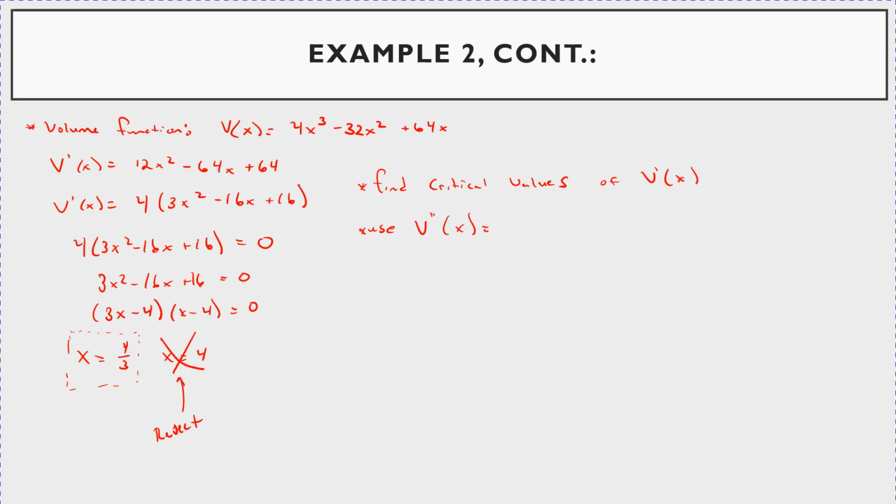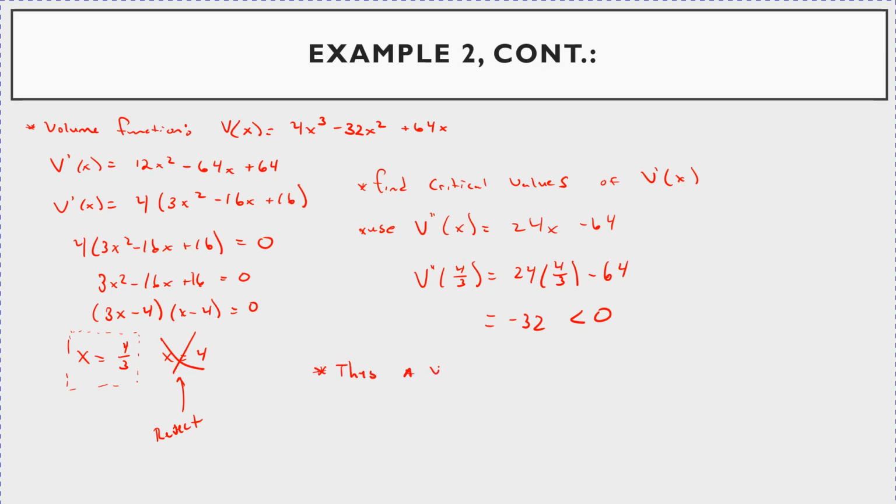Bring the 2 down, and you get 24x minus 64. Plug in 4/3: that's 8 times 4, which is 32, minus 64. So this is minus 32, which is less than 0, which is great, because that means we found a max.